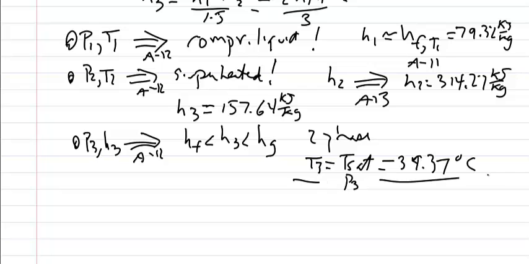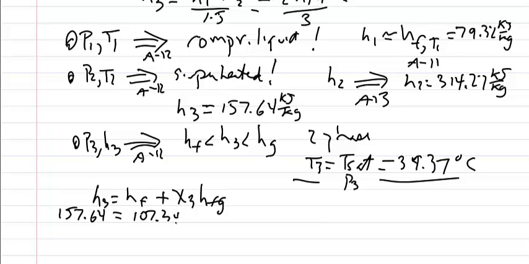And since it is a two-phase mixture, we also have to find the quality. So let's just recall that we'll use the enthalpy data to find that quality. h3 is equal to hf plus the quality at 3 times hfg. So h3 is known, 157.64. hf is listed as 107.34 kilojoules per kilogram.